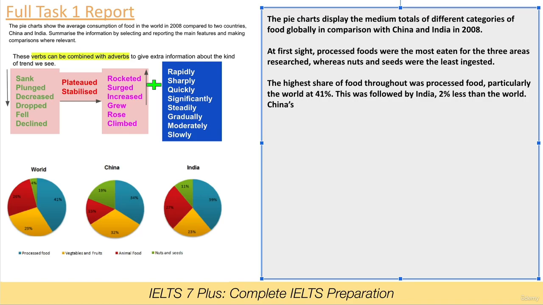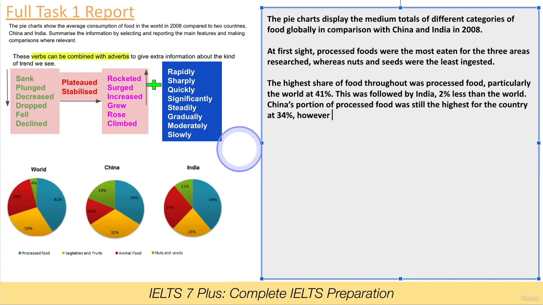China's portion of processed food was still the highest for the country at 34%.